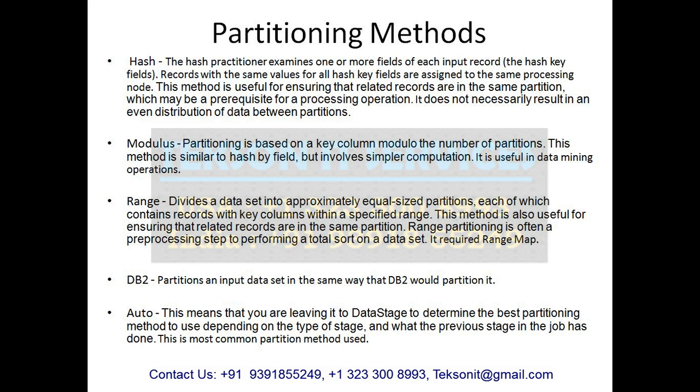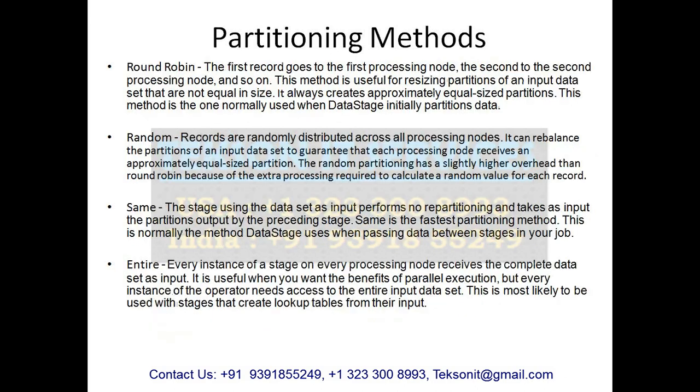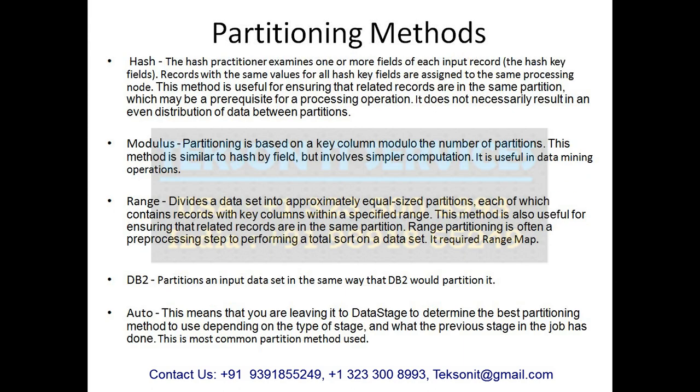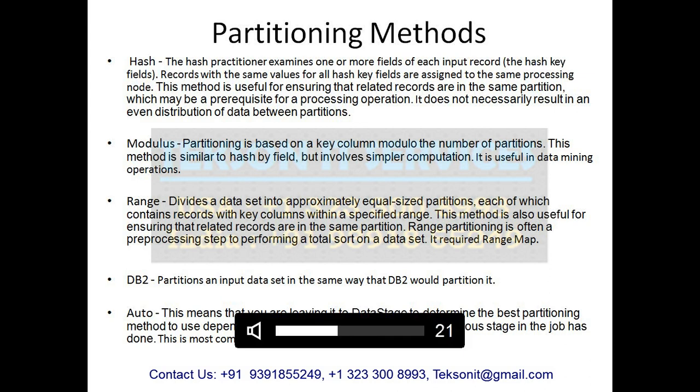If it's a copy, then it may use random, or let's say round robin. So it depends on the stage for which we need to partition the data.